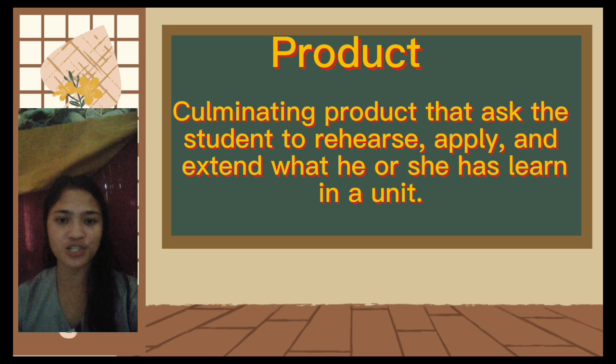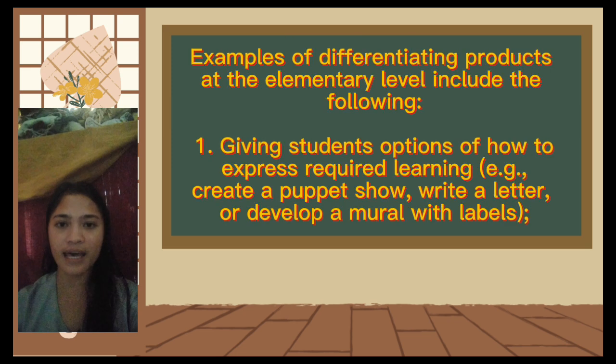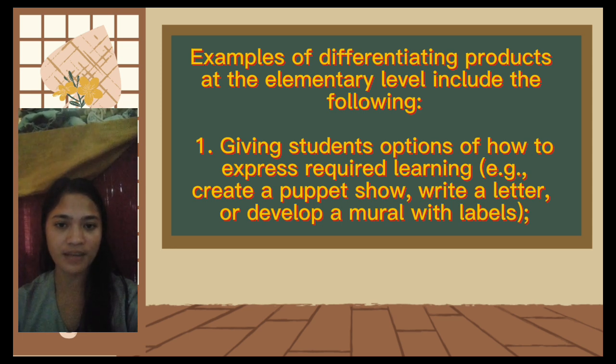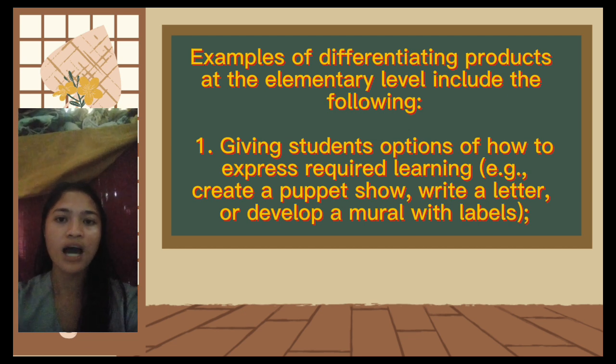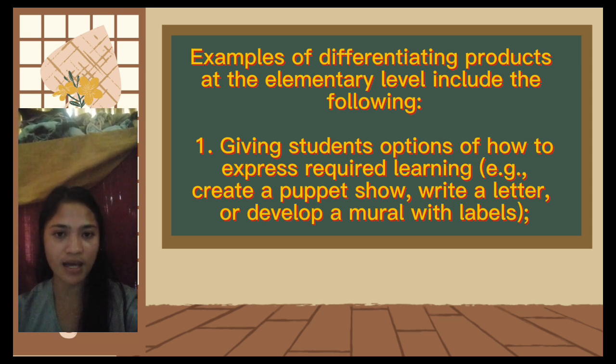Let's proceed to the product. A culminating project asks the students to rehearse, apply, and extend what he or she has learned in a unit. Examples of differentiating product at the elementary level include the following: giving students options of how to express required learning, for example, a puppet show, writing a letter, or developing a mural with labels.